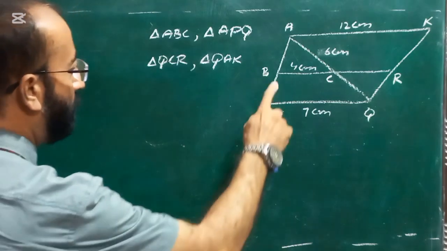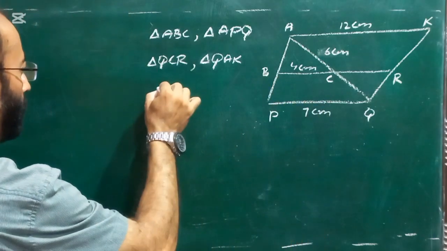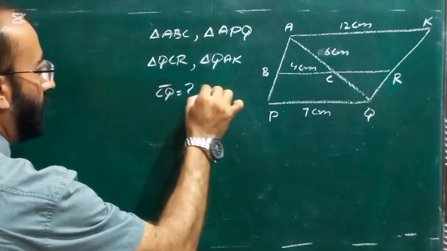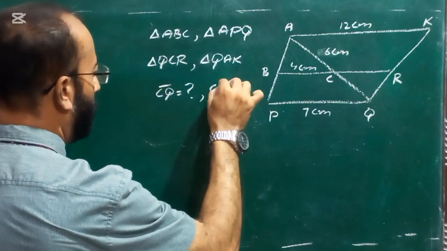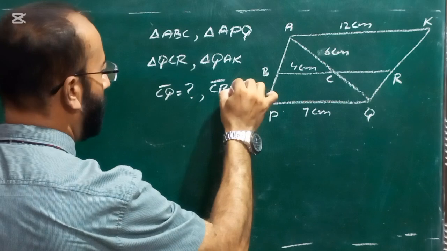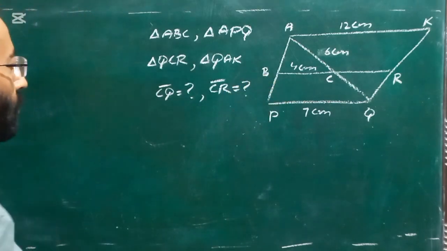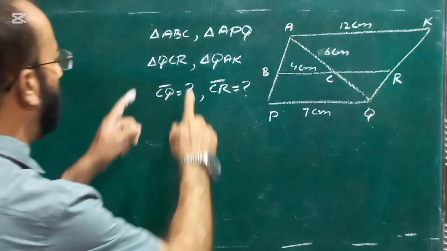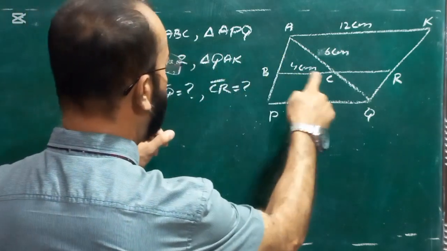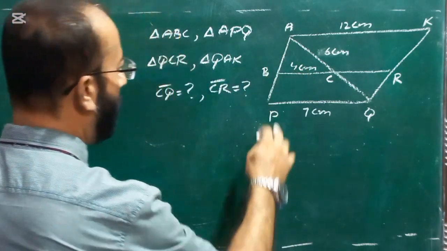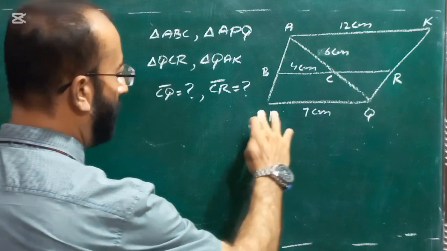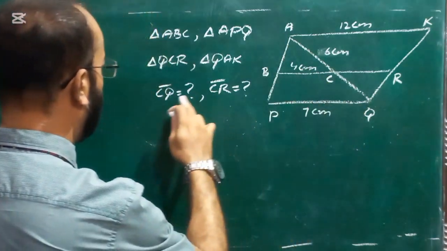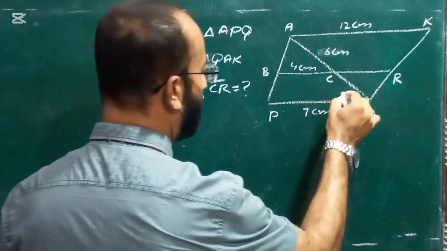The requirement is to find CQ and CR. So this is the question. Look now, if these two triangles, ABC and APQ, are similar, this side is given, this side is also given, this portion is given, and this is missing, so CQ is the missing part.